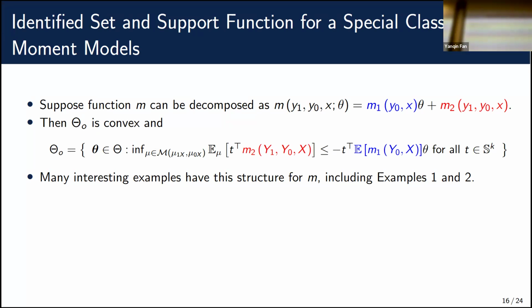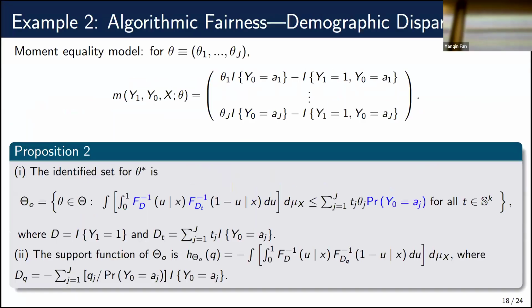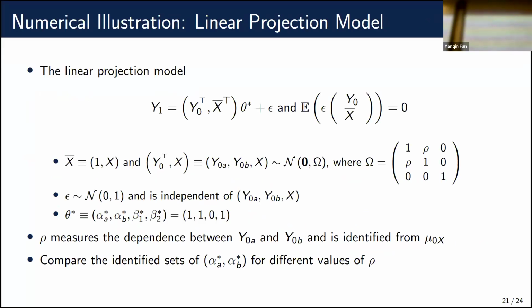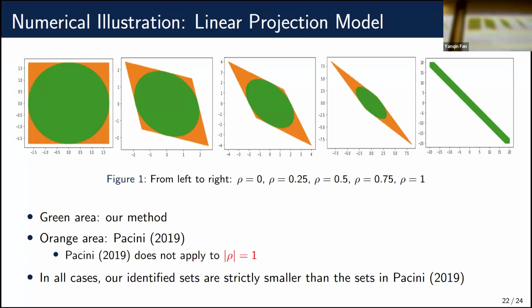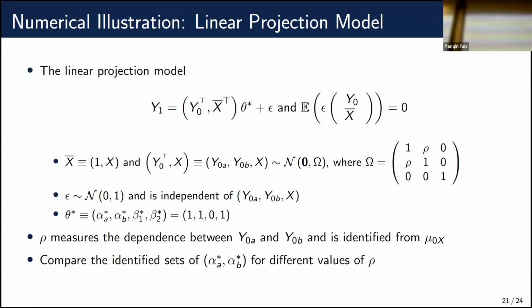So I don't think this contradicts what you said about the complete data case. Just to give you an example, for this example, when rho equals 1, you see there's perfect multicollinearity here. So even with complete data, not all elements of theta star are point identified.